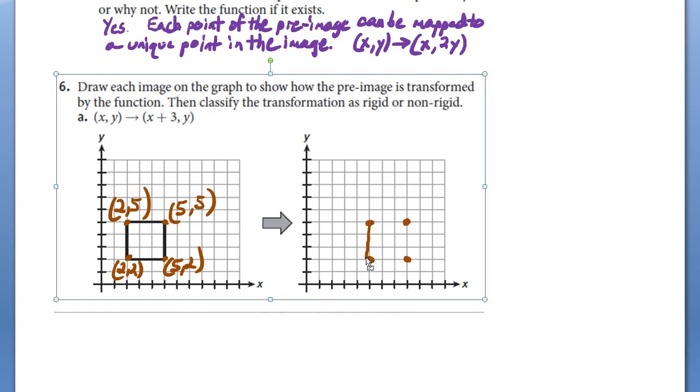And so here is the image. This square was the pre-image. We did this transformation, which causes it to slide to the right 3 spots, but not to affect anything vertically, and that creates this square. So is it rigid or non-rigid? It is rigid. It maintained the same size and shape.